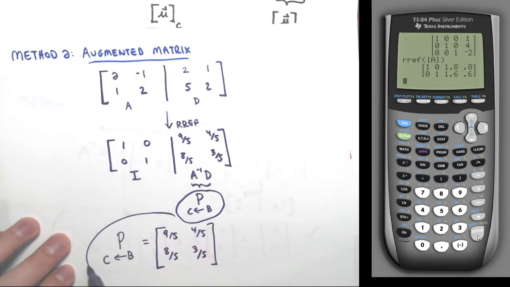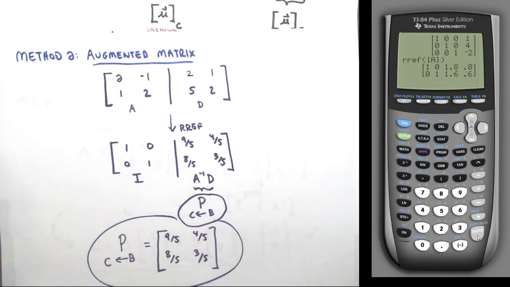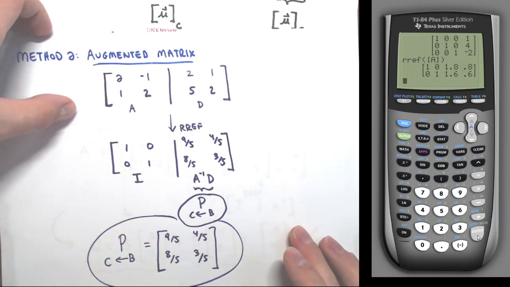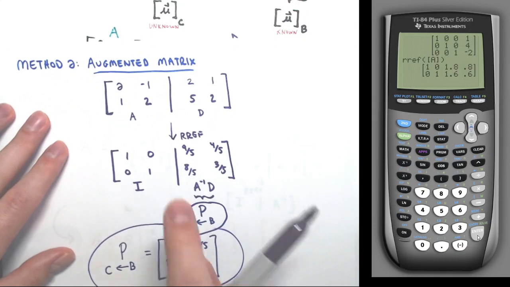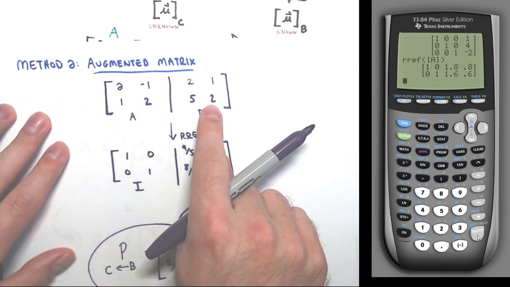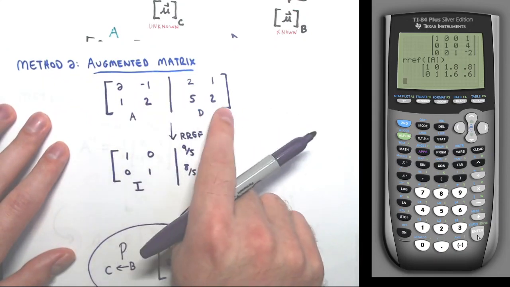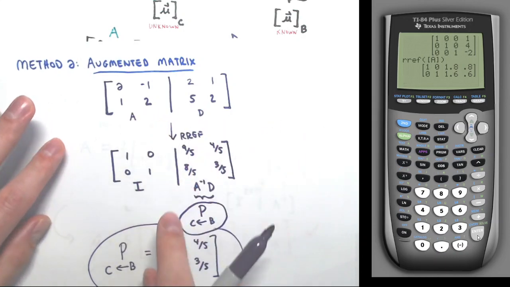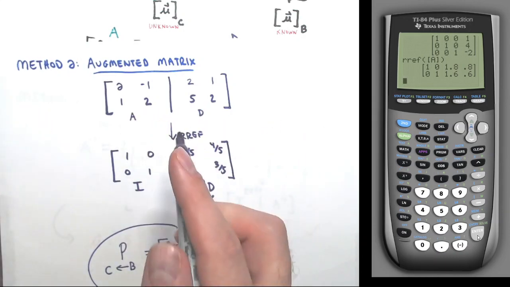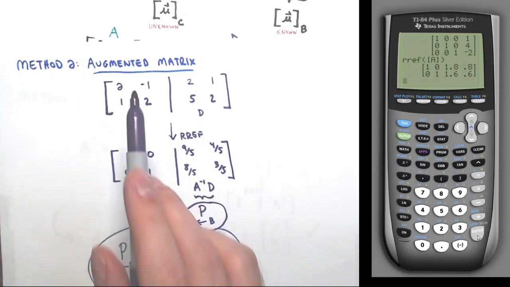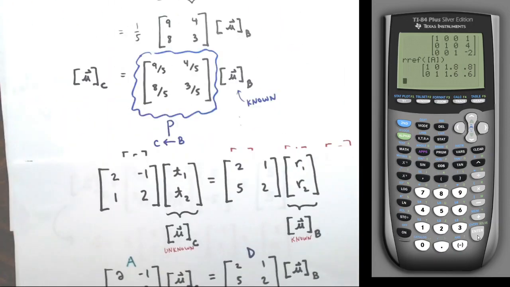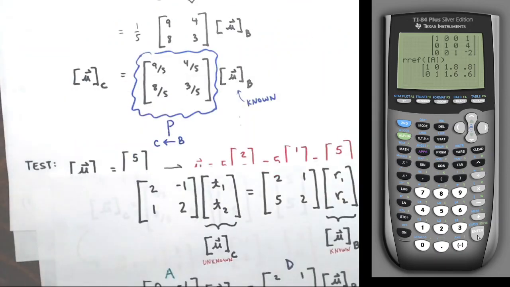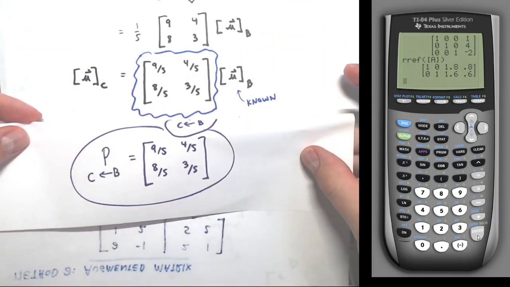And isn't this exactly what I got earlier when multiplying both sides by an inverse? In fact, this augmented matrix thing, where I have a 2 by 2 on this side and 2 by 2 on this side, or if it was 3 by 3s, putting it in reduced echelon form is equivalent basically to finding what would happen if I multiplied both sides on the left by the inverse, like I did earlier. And you see this is exactly the same as I got earlier. The 9/5, 4/5, 8/5, 3/5.